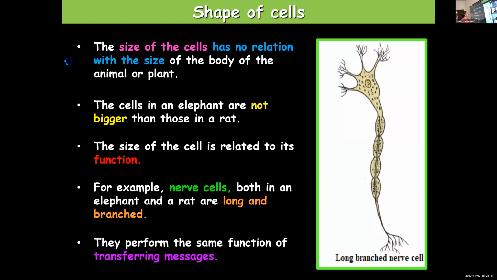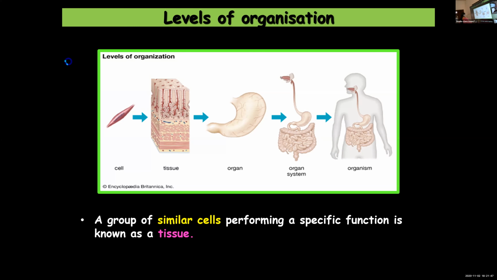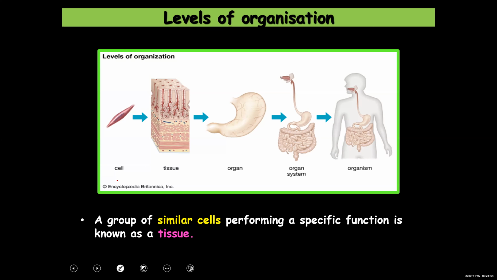Now moving on to the next slide. This, children, shows the different levels of organization. In the beginning of the chapter, I had already told you about the levels of organization. Just a minute, let me take the pen. See, a cell is the structural and functional unit of all living organisms.